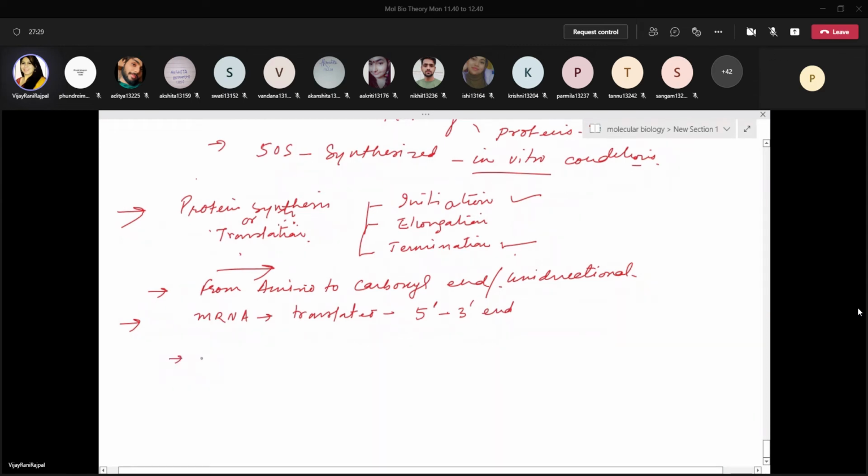Then there is another important feature, that translation can begin while the mRNA is still being transcribed. Sorry, I said translating, I meant transcribing. (Dekho, this is my original writing, but how dirty it comes on this digital device, which is so slippery that it's hard to hold your hand.